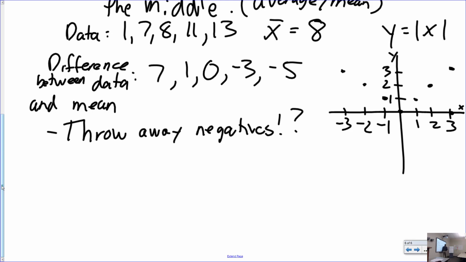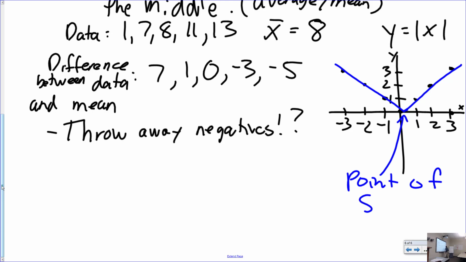The reason why this is a problem mathematically is that when you graph this line, what does it look like? Yeah, it's actually a V. It makes a point. When you're dealing with mathematical calculations, this is what a mathematician would call a point of singularity.